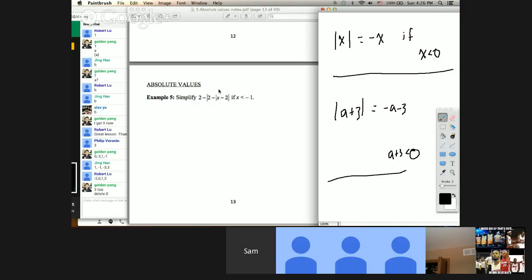Another hint: work from the inside out. First, start with the absolute value of x minus 2, and then work from there. And if something's positive inside an absolute value, you can just ignore the absolute value and keep going.